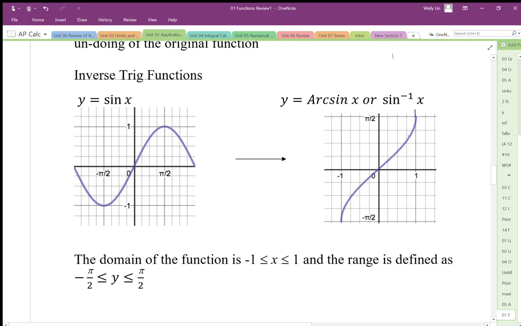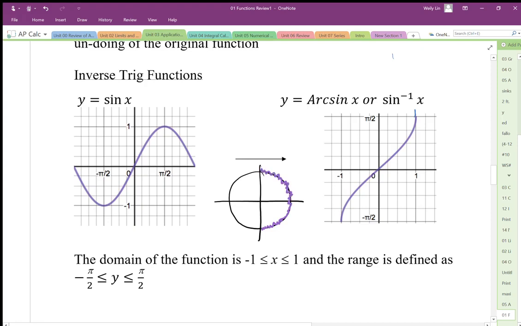So we've trimmed it here, and if I draw my circle in here, my range is going to be from -π/2 to π/2. So the inverse arcsine can only use these angles, from here to here.